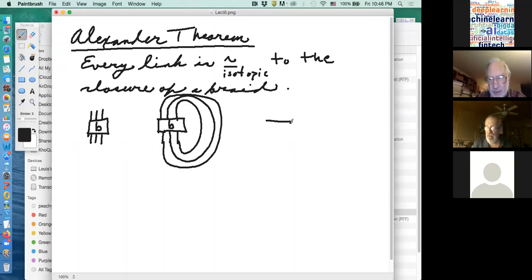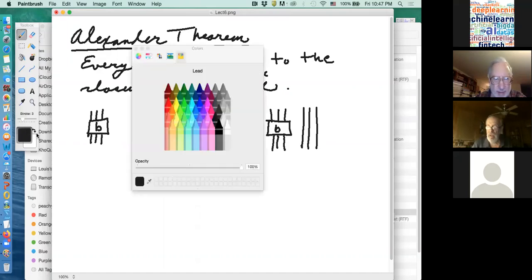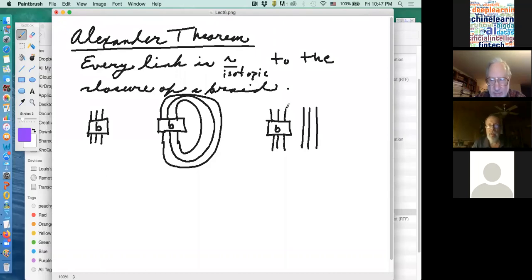Another way would be that you take the braid and you sit next to it an identity braid, and then you close the top, because you got an even number of things, and you pair it off at the top like this with caps, and you pair it off on the bottom with cups, and you obtain a closed object.